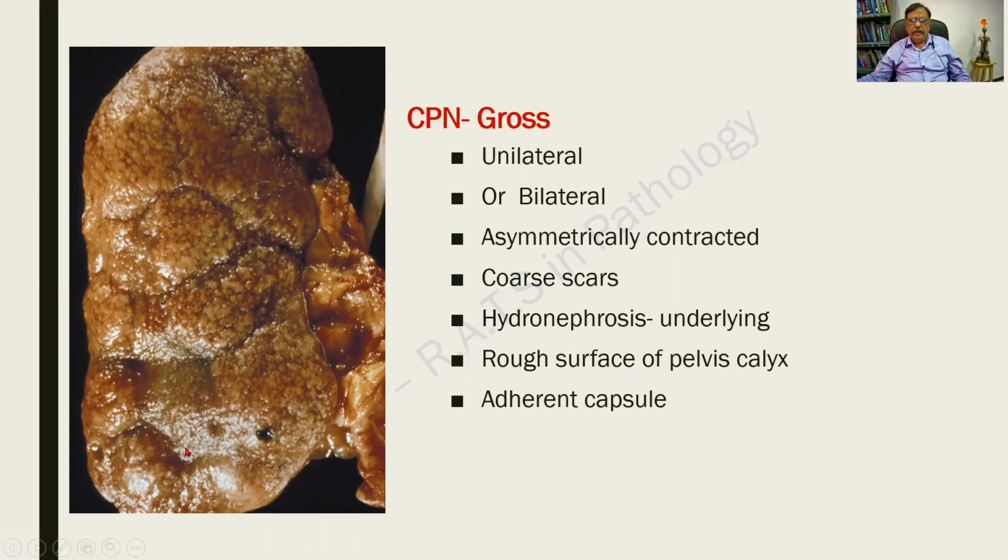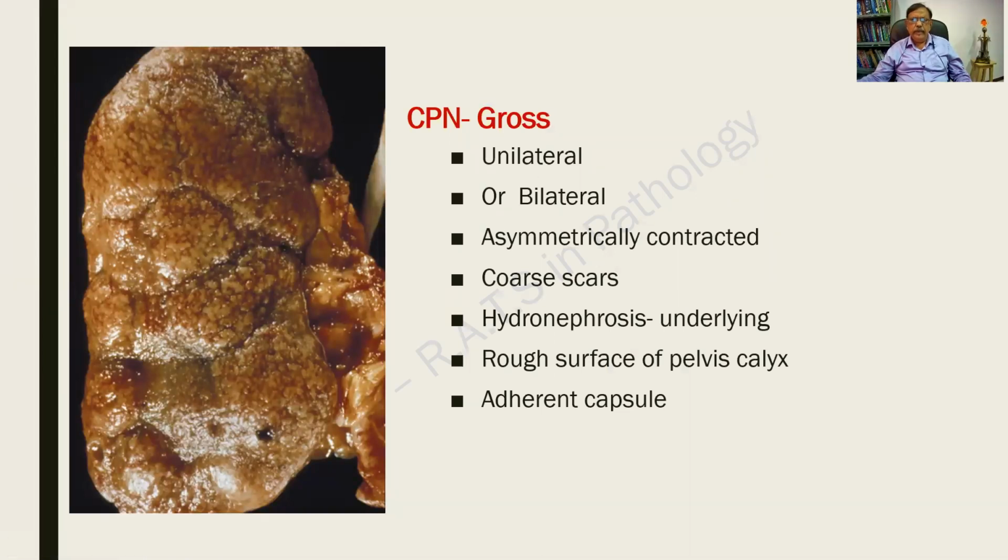Look at the kidney. Normally the kidney is smooth externally, but in this I am finding multiple lines and depressions. These are coarse scars. Whenever there is a chronic inflammation, there will be fibrosis, and fibrosis will lead to scarring. Scarring will lead to contraction.